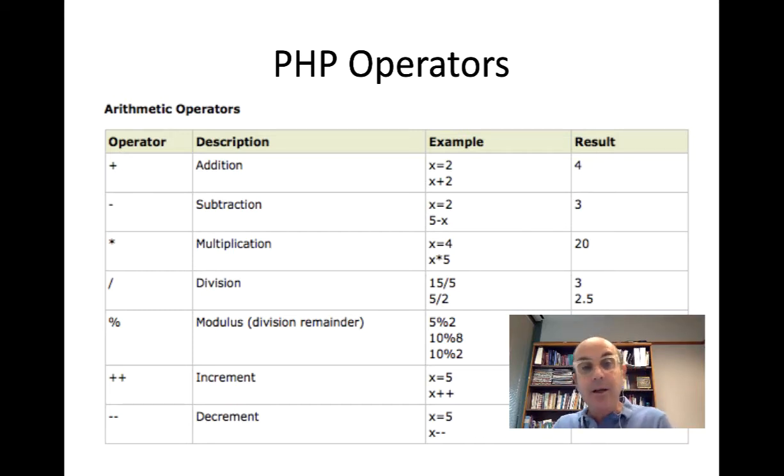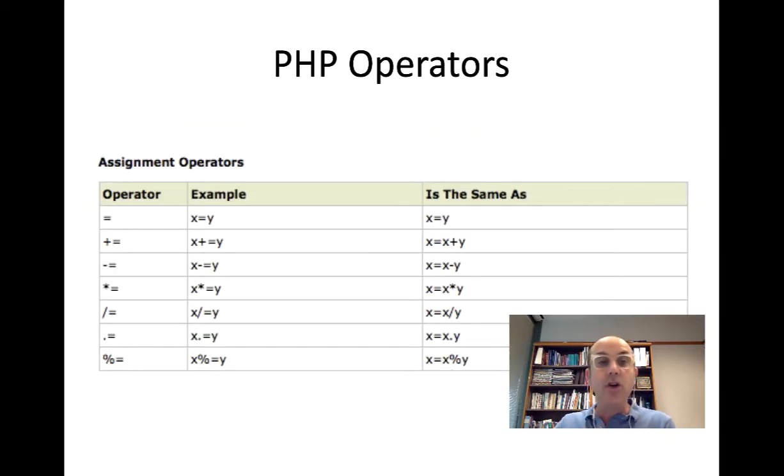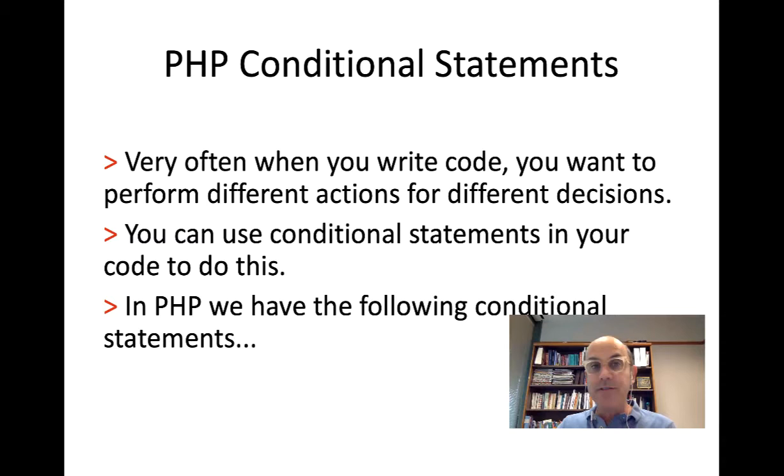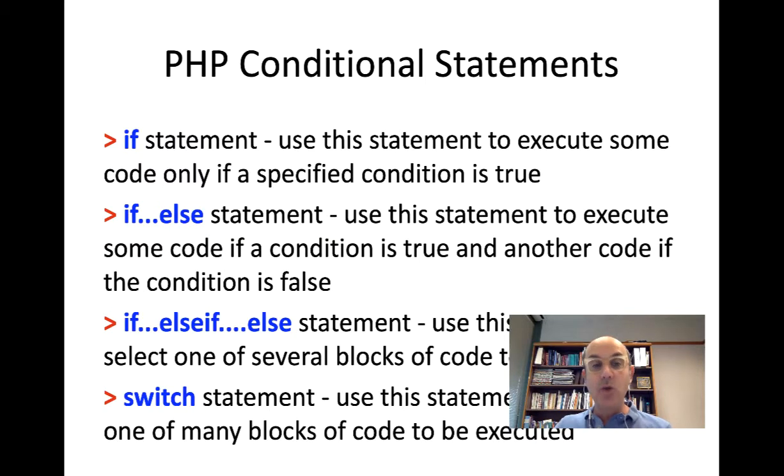You can add, subtract, divide, increment, decrement, and so on. For assignment, I can assign values to it, x equals y, or I can say x plus equals y, and so on. This is the part of the terminology that we will follow up and cover next time with regard to PHP.